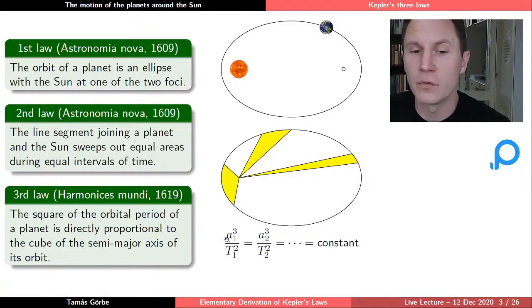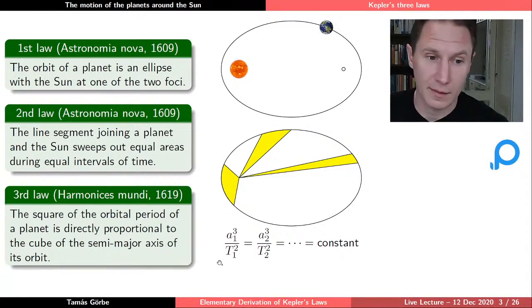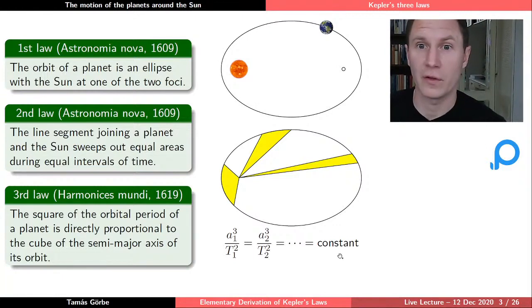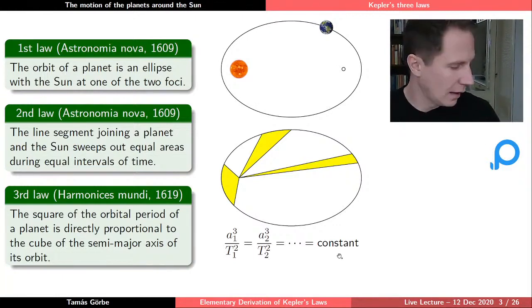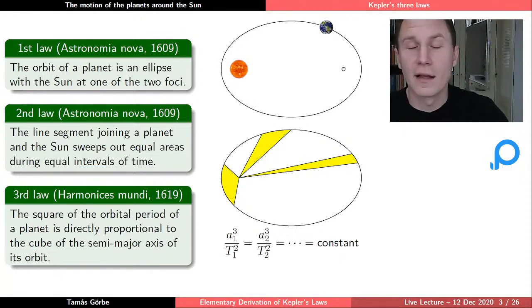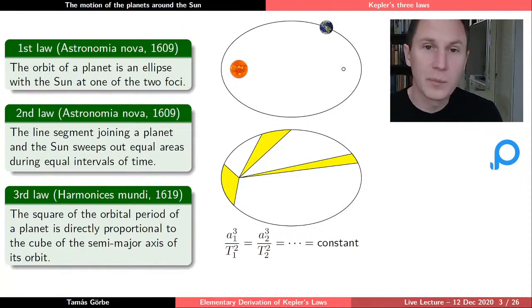So if you take the semi-major axis, cube it, and divide by the orbital period squared, you will get a constant. And in fact, Kepler claimed that this ratio for any planet is always the same constant. Okay, so these are the three laws, and now with these laws we can start looking into the behavior of planets.